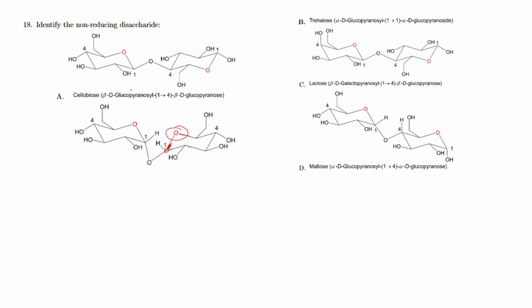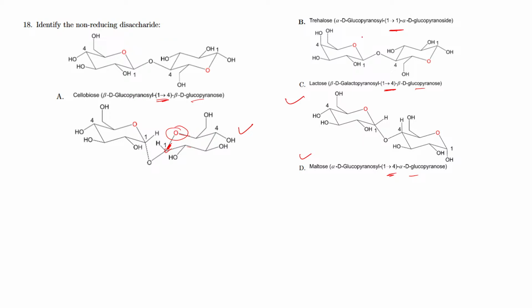If I check all four different disaccharides, I can see that here I have a 1,4 linkage, here I have a 1,1 linkage, here I have a 1,4 linkage, and here a 1,4 linkage. So in A, C and D, I have one anomeric carbon, one position empty in each one, which can be a reducing sugar, which can be reduced.